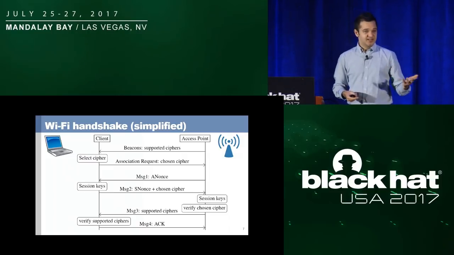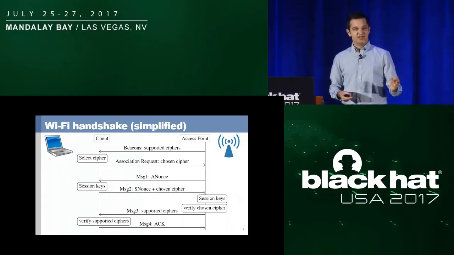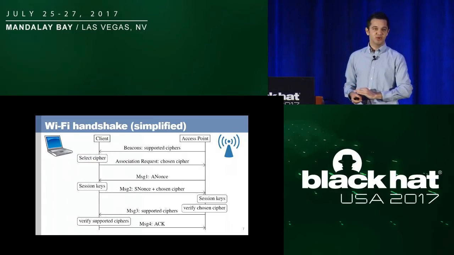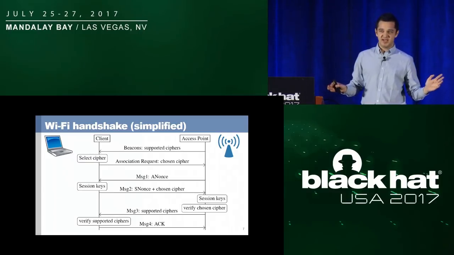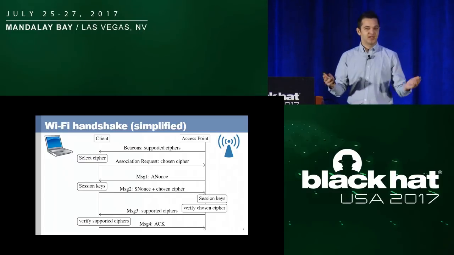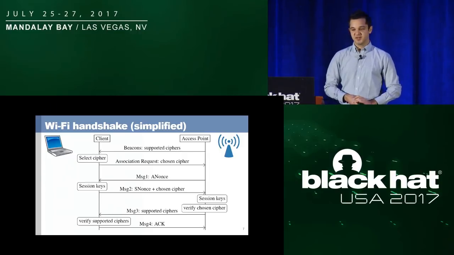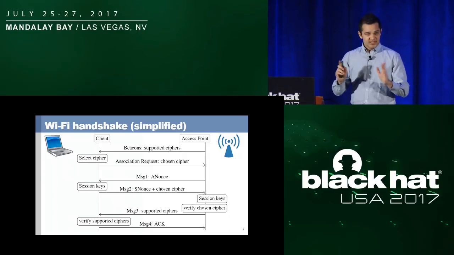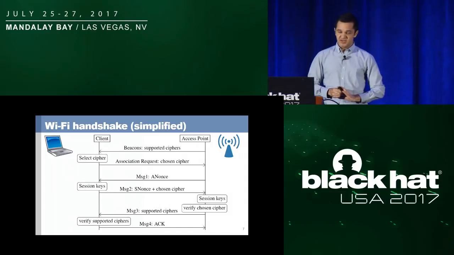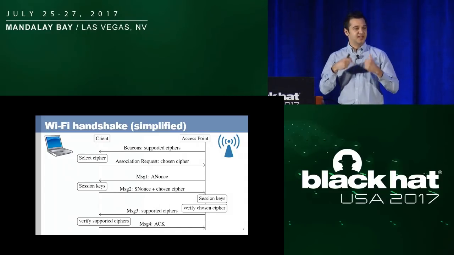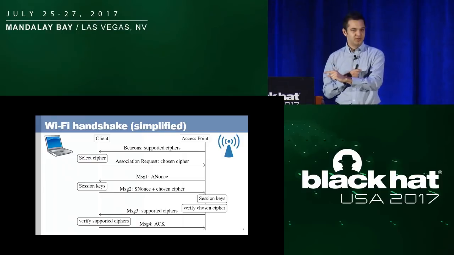And finally, at the last stage of the handshake, the client sends message 4 to the access point, which basically informs the access point: hey, I didn't detect a downgrade attack, we're good, let's start exchanging normal data traffic. Now, one thing I didn't mention yet is that in message 2, the client also transports the cipher that it chose in a secure manner.